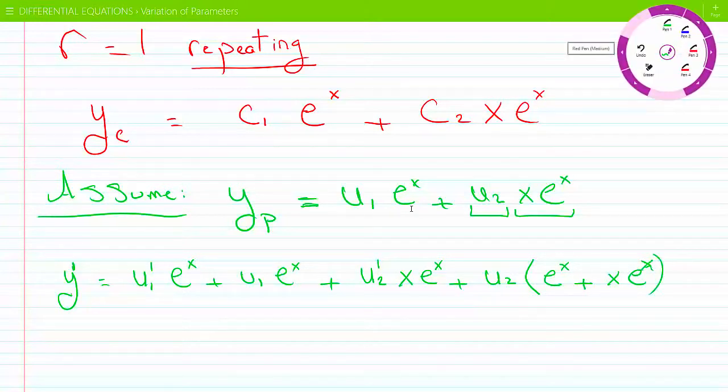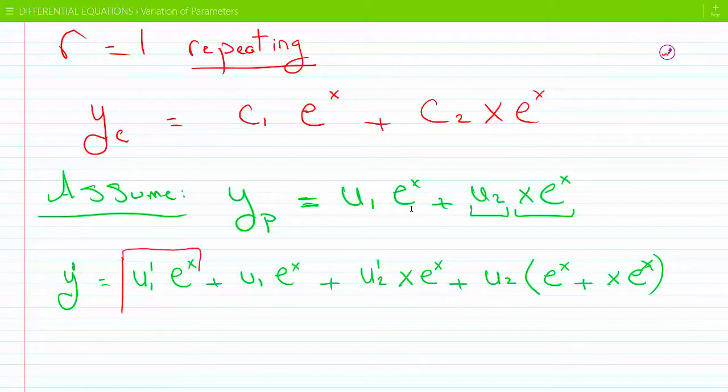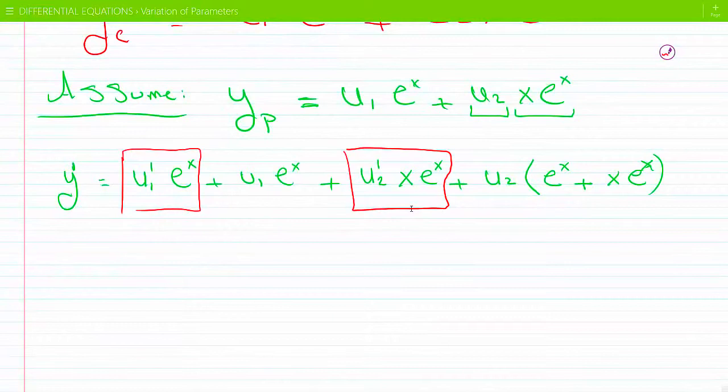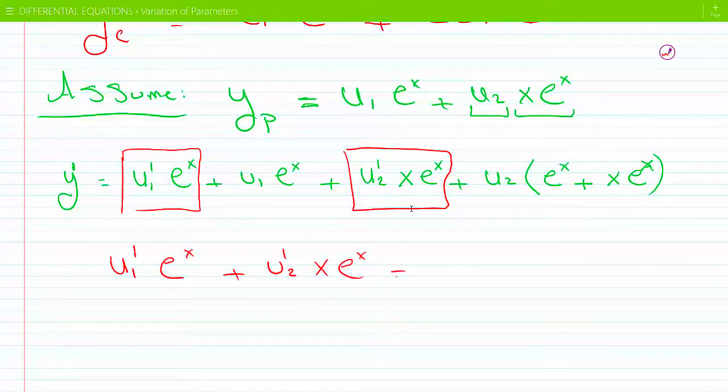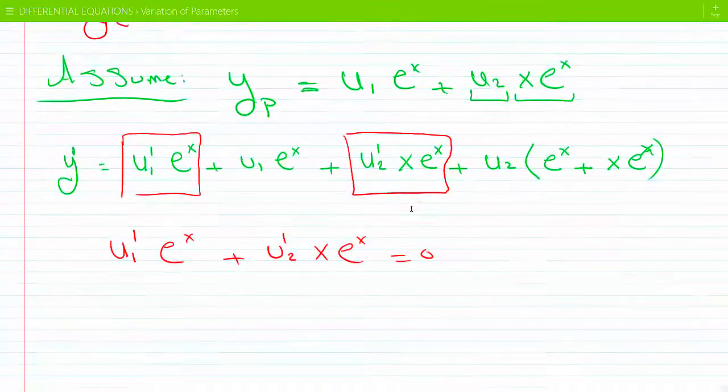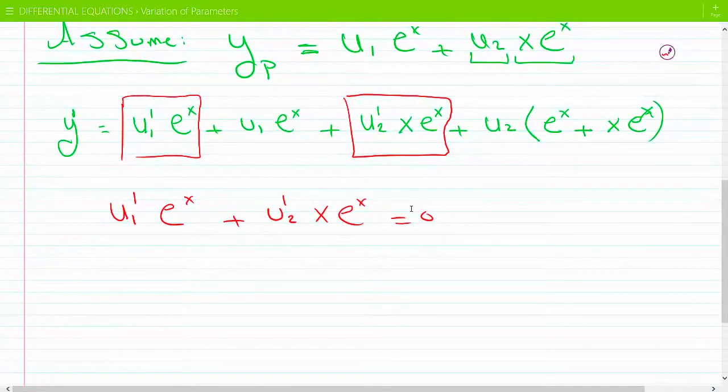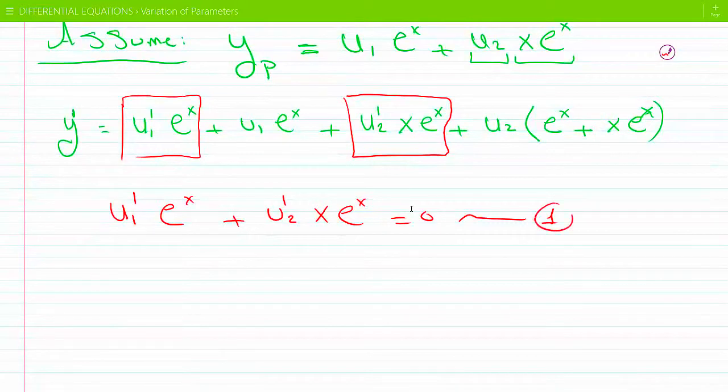Now, here comes the trick that we were talking about: we're going to impose a constraint, you can call it a Lagrangian constraint, where we're going to say that these two add up to 0. Which means I can knock them out of the equation, and I'll come back to this equation later. So this is equation 1.